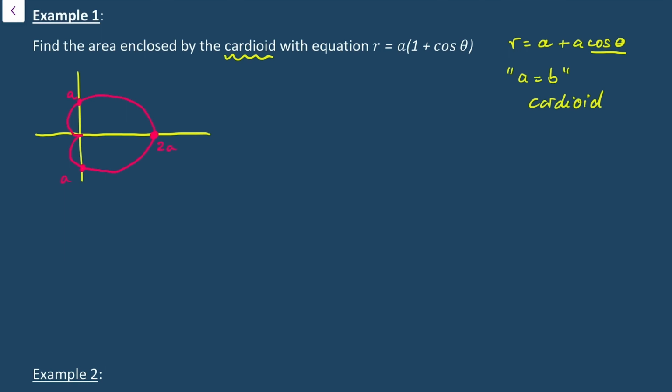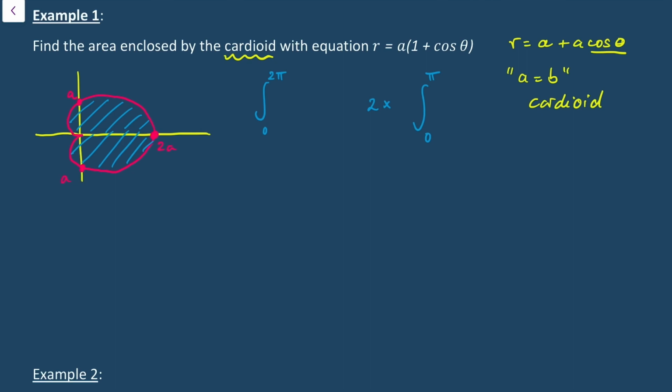So we are looking for the complete area here, and there are two ways to go about this. We can either integrate between 0 and 2 pi, and we'll find the enclosed area, or we can say we want two lots of the integral between 0 and pi.